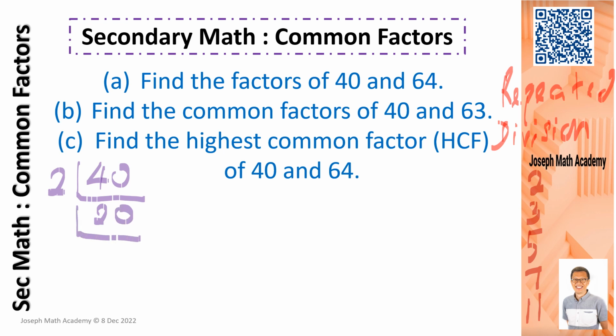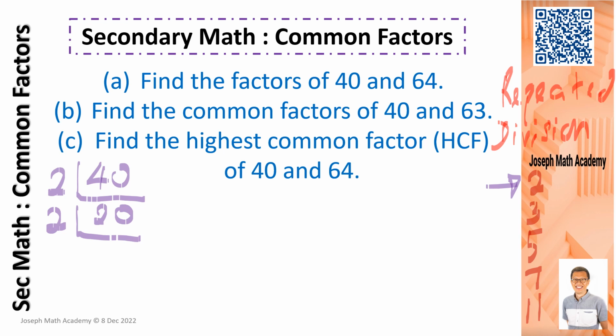Then we notice that 20 can still be divided by 2, so we keep dividing by 2. Always start from the smallest prime number. We divide by 2 until we get remainder 0.